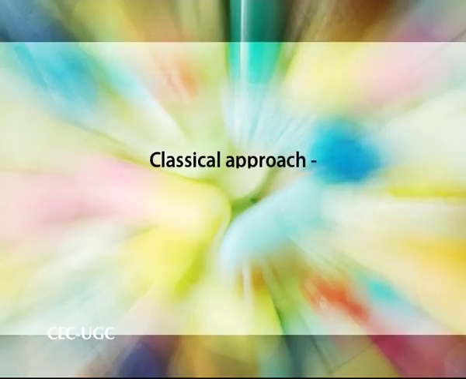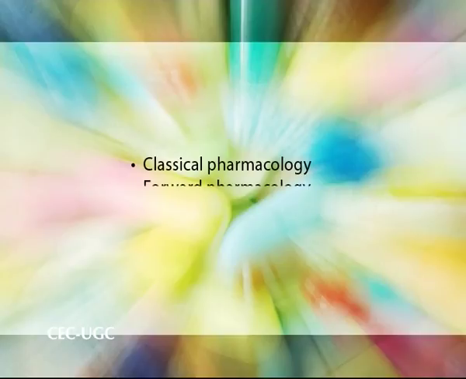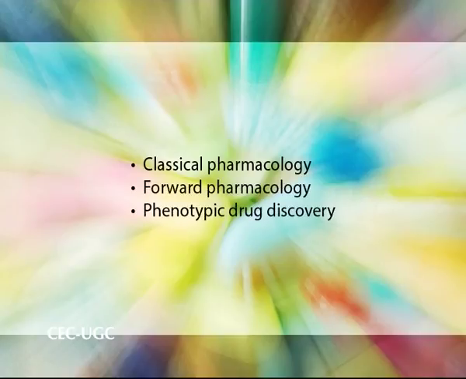Discovery of drugs can be done by means of the classical approach. This approach involves the blind or hit method, also known as the black box method, classical pharmacology, forward pharmacology, or phenotype drug discovery. The origin of the use of potent compounds for the mitigation of disease conditions predates both the pharmaceutical industry and recorded history.